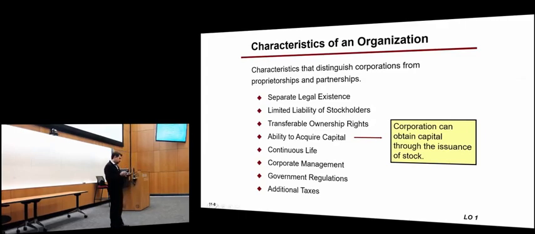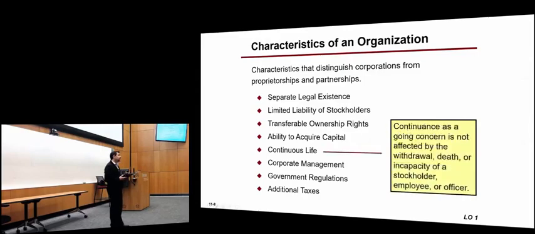Again, continuous life. We talked about that one time. Continuous life is linked to the fact that ownership rights are transferable easily. With a partnership, the company might be dissolved in the case of death of one of the partners. With a corporation that is publicly held, the stock is traded in the stock market.